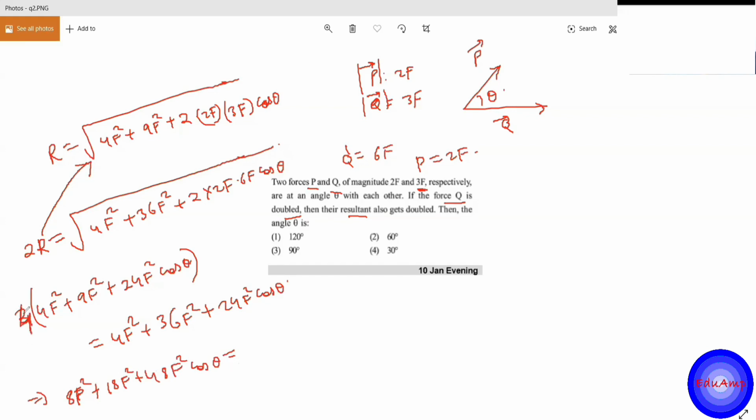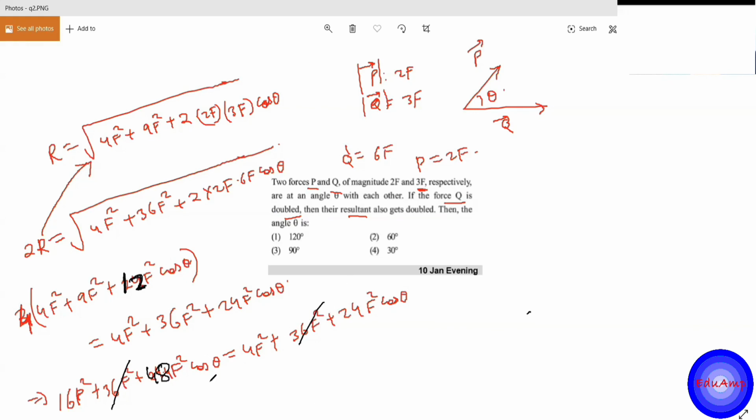So on the left side, this is 16F square plus 36F square plus 24 into 4 F square cos theta, and this is equal to 4F square plus 36F square plus 24F square cos theta, right? 12 square, 16, 36, this is 48.